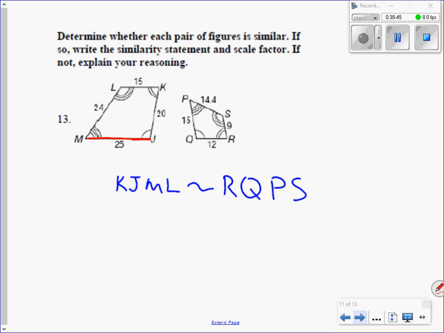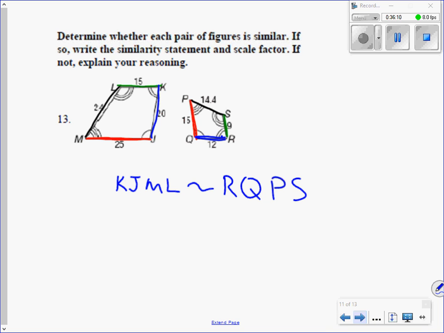So MJ is the same as that. ML is the same as that. LK is the same as SR, and KJ is the same as RQ.